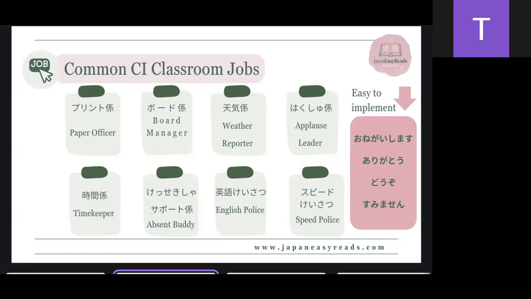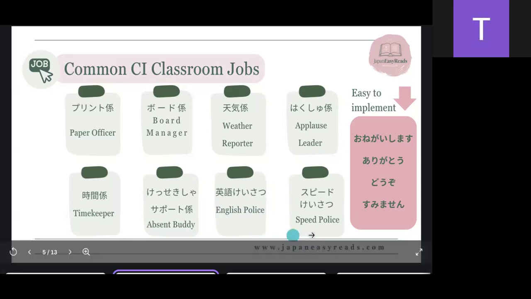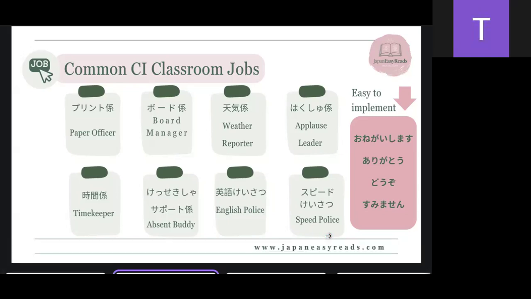So that's their job. And similarly, the speedo keisatsu is the speed police. If I'm talking, oh, sorry, I got those two mixed up. The speed police, when I'm speaking too fast and need to slow down, would be looking around and seeing, okay, is there someone who's looking a bit lost, or maybe there's a hand signal which could indicate that I need to slow down. So that's the speed police.